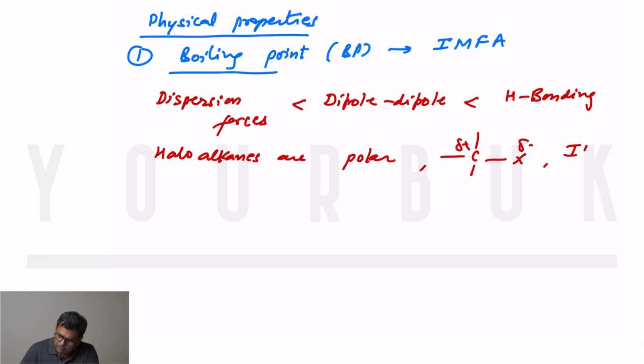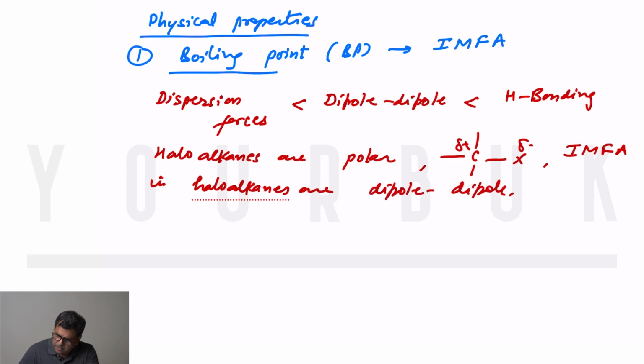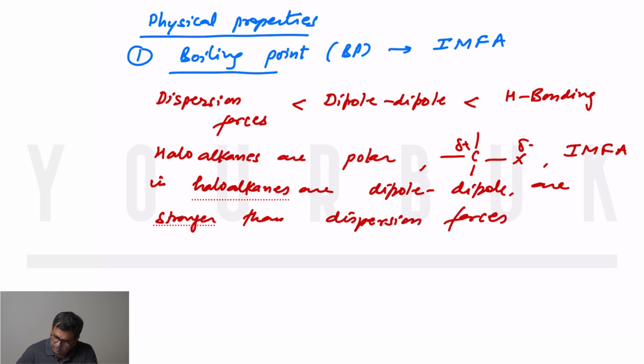So the intermolecular forces of attraction in haloalkanes are dipole-dipole attractions and are stronger than the dispersion forces in alkanes. And that's why the haloalkanes have a higher boiling point than alkanes.